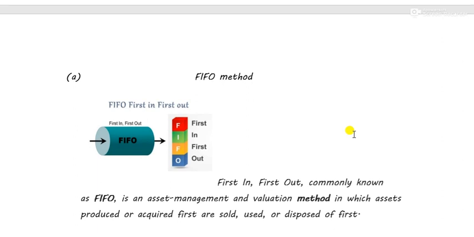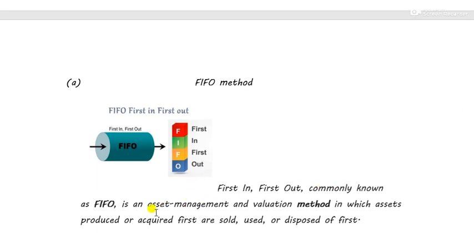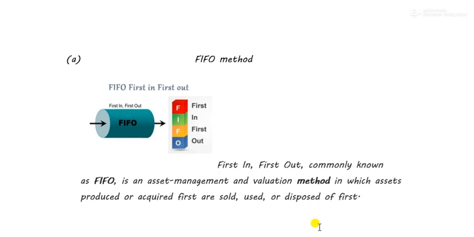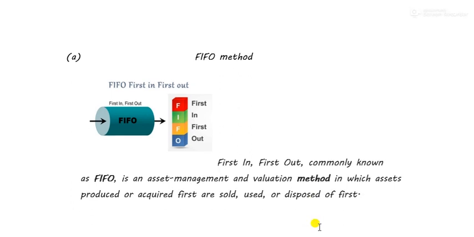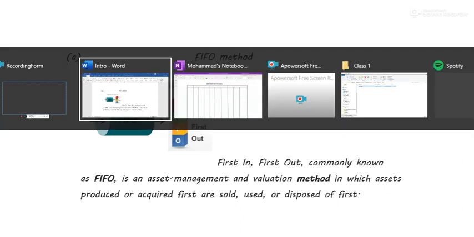First in first out is an asset management and valuation method in which assets produced or acquired first are used, sold or disposed of first. FIFO is the first method that we are going to practice. In the FIFO method, whatever goods we purchase first will be sold first. So let's do an example.